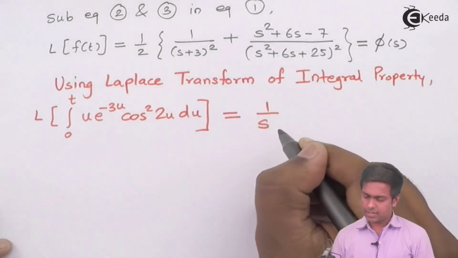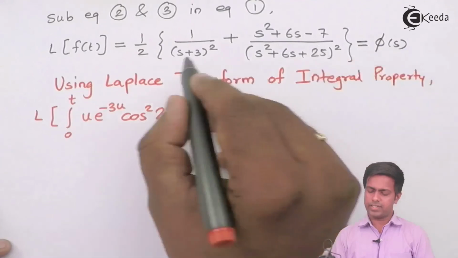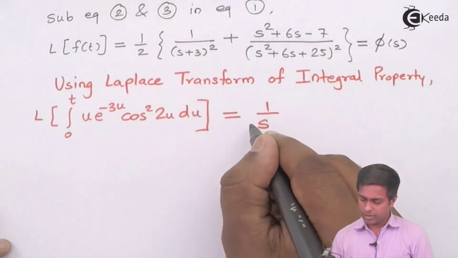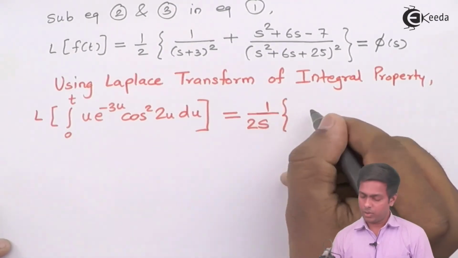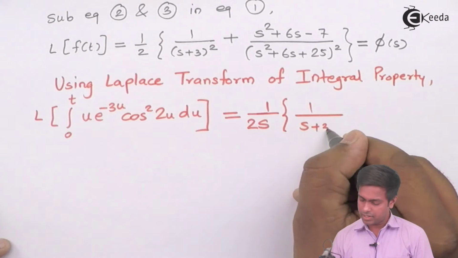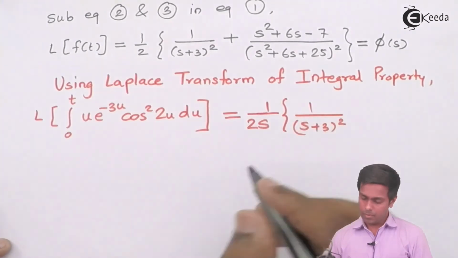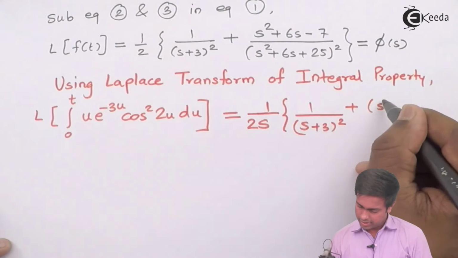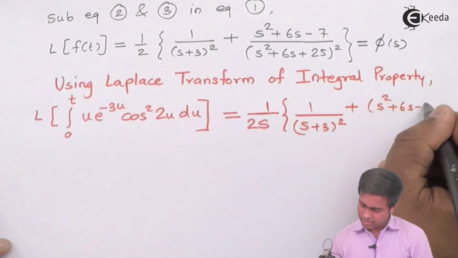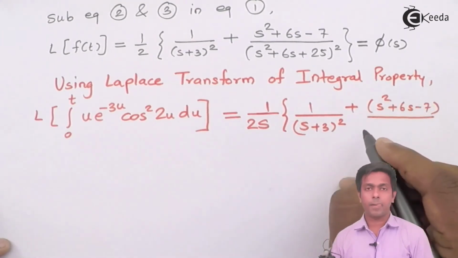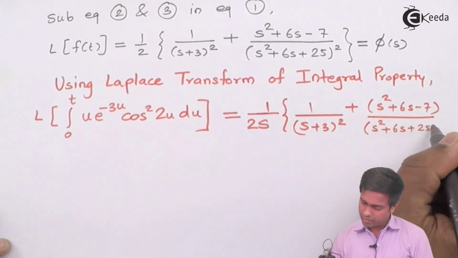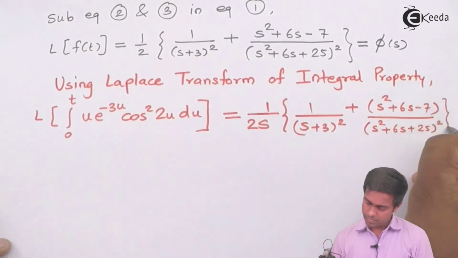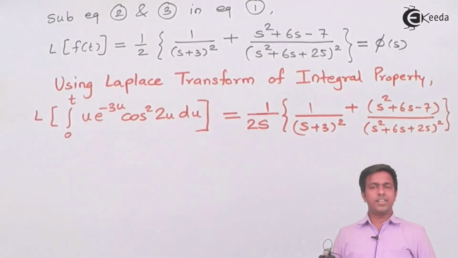So 1 upon s and phi of s. So phi of s is this value. So here I'll write down 2. So that will become 1 upon 2s, and in the bracket 1 upon s plus 3 the whole square plus s square plus 6s minus 7 upon s square plus 6s plus 25 the whole square. So guys, this is the value of the given function of t.